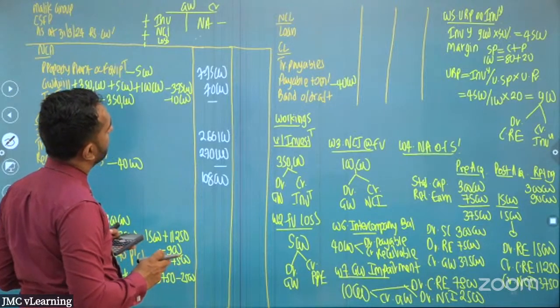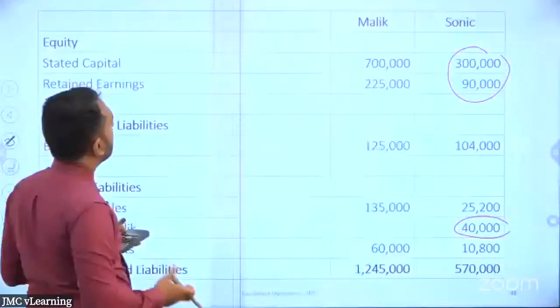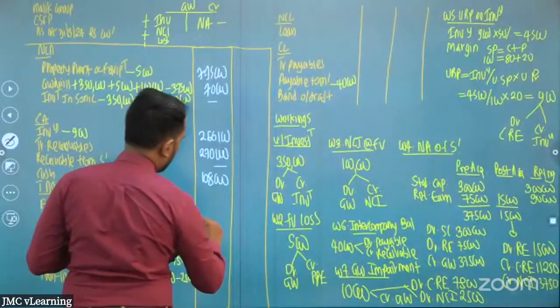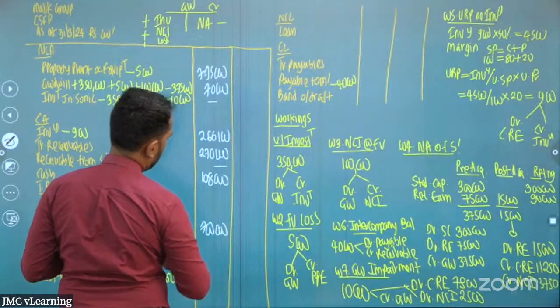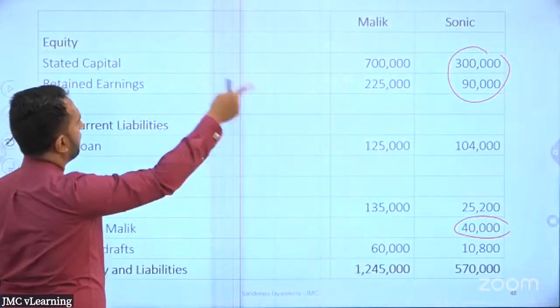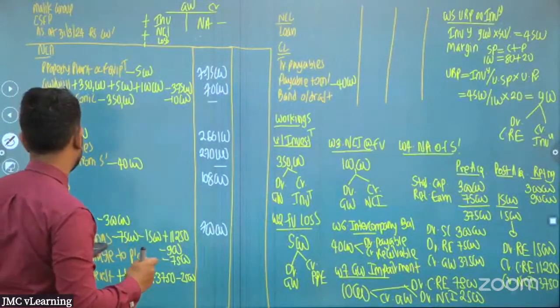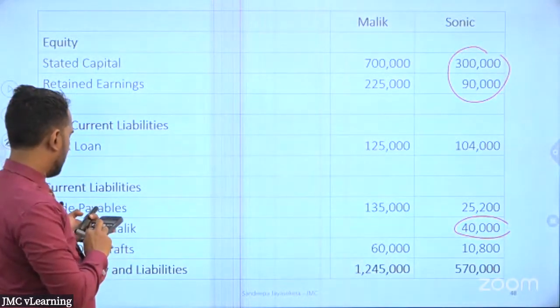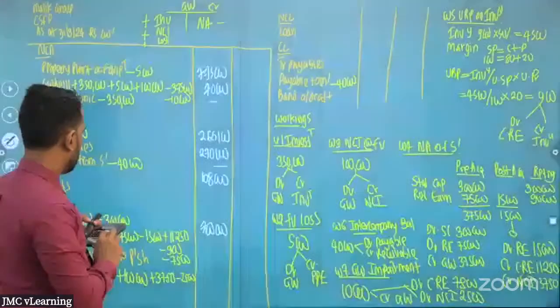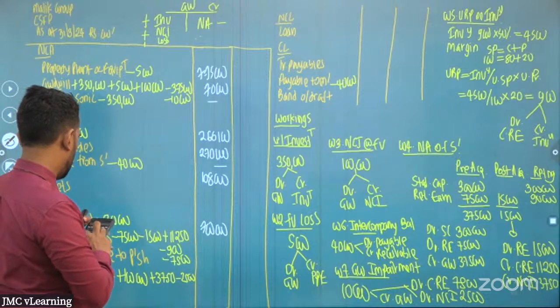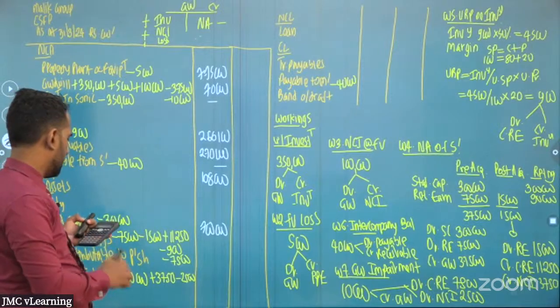Okay. Stated capital: 700 plus 300 minus 300. Only the parent company share capital will remain. Retained earnings: 225,000 plus 90,000 minus 75,000 minus 15,000 plus 11,250 minus 900 minus 7,500.